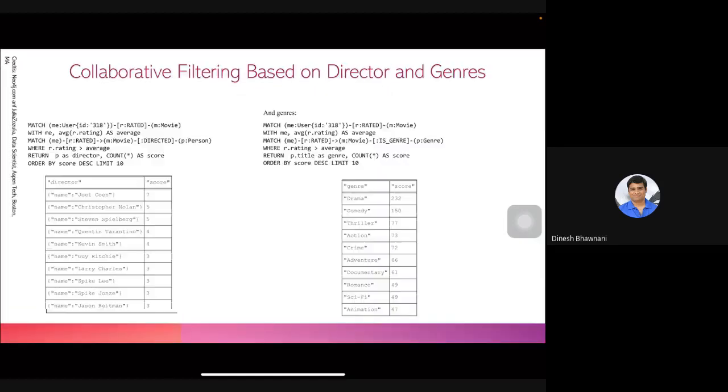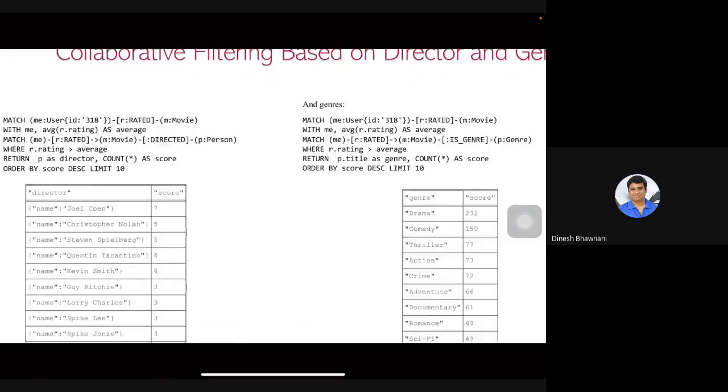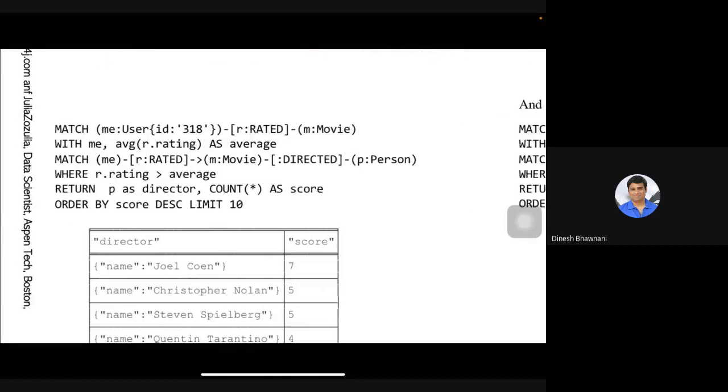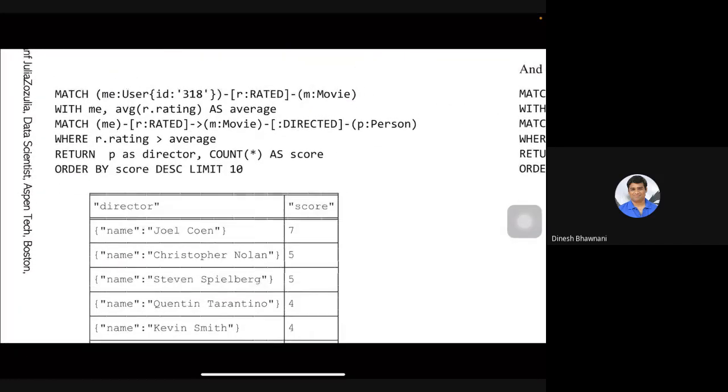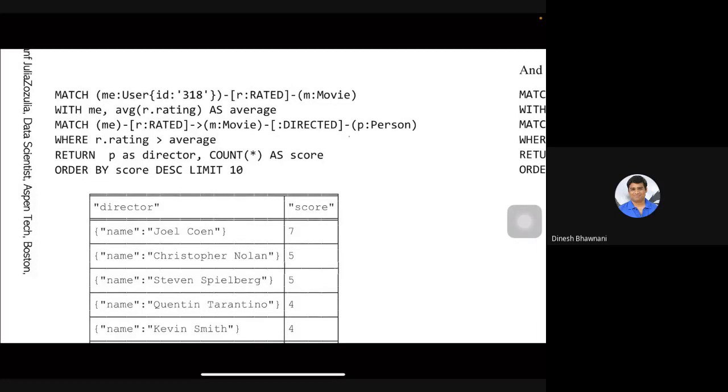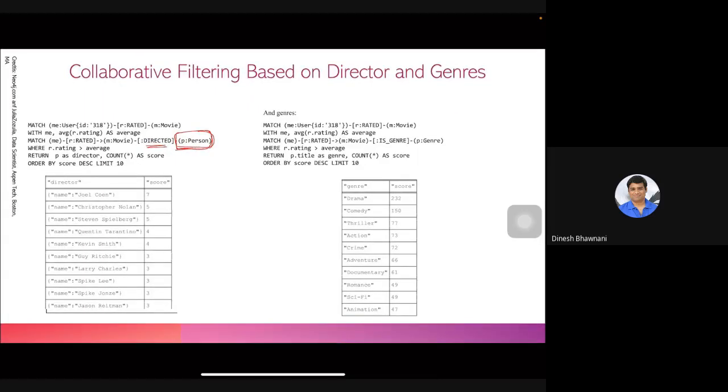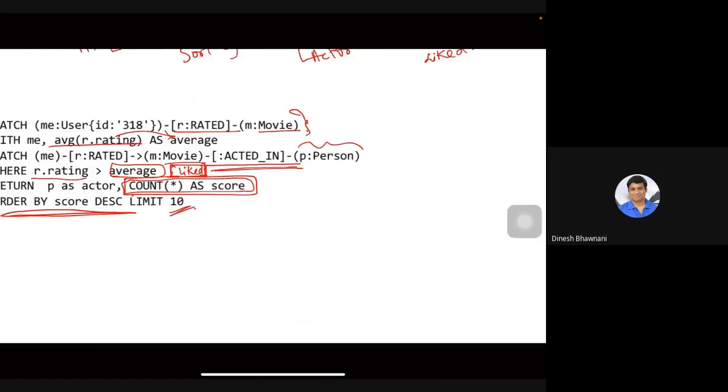Let's see. We can do that with directors. What do you have to change? Here, when looking up from the person's category, we have to look at directed. Earlier, it was acted in.